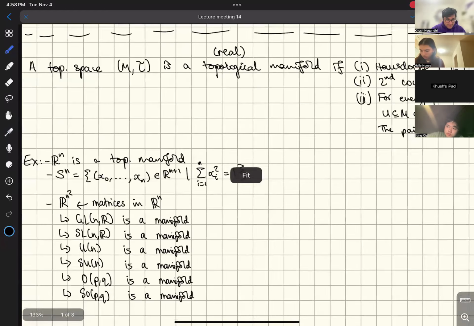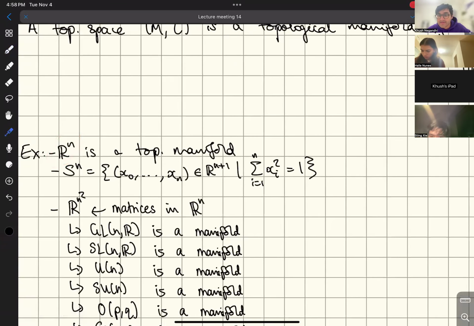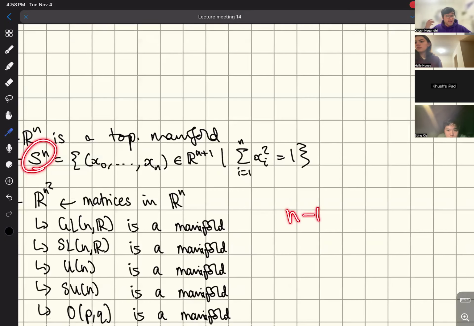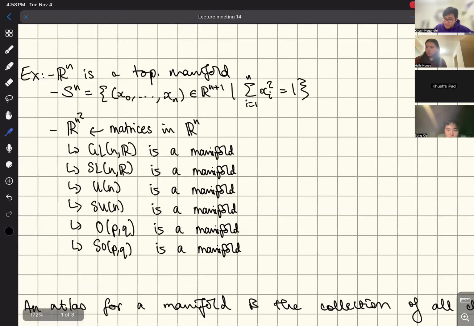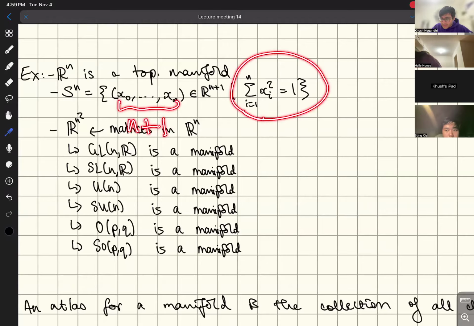So let's give the dimension of some of the manifolds. I hope it's clear that R^n has n dimensions, because that would be a very unfortunate naming otherwise. S^n has n minus 1 dimensions. And this makes sense because if we look at the circle, this is S^1. So yeah, misspoke. The dimension of S^n is n. In some sense, you have n plus 1 coordinates, but you have this one constraint.